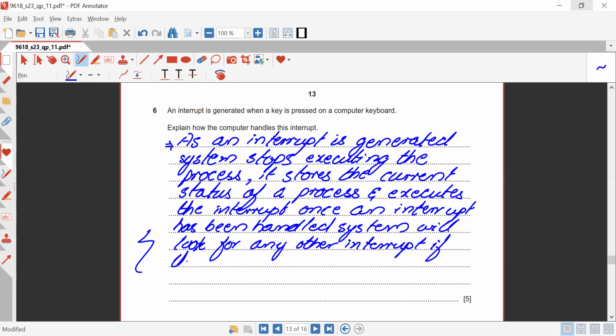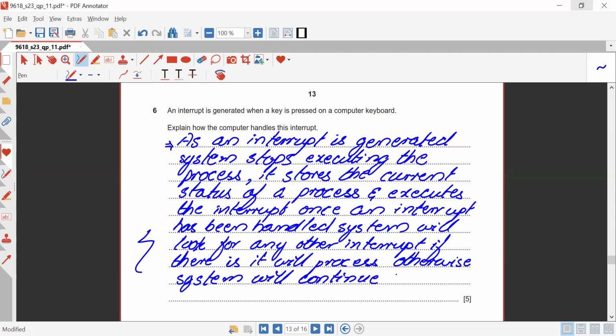If there is, it will process it. Otherwise, the system will continue with the halted process whose status was saved.